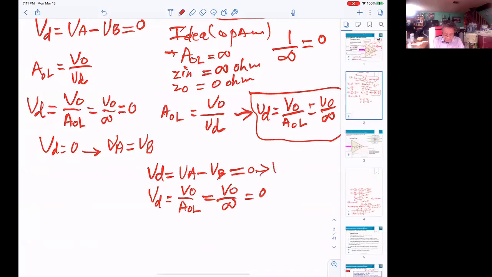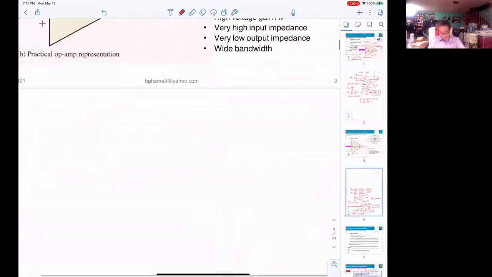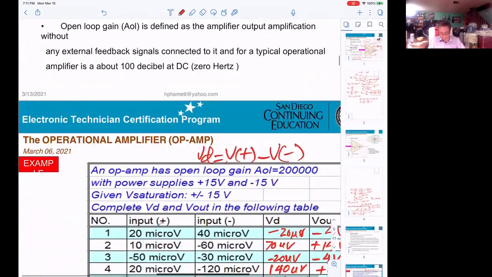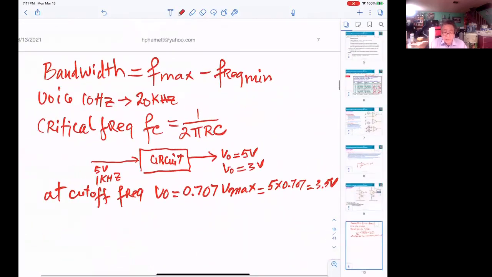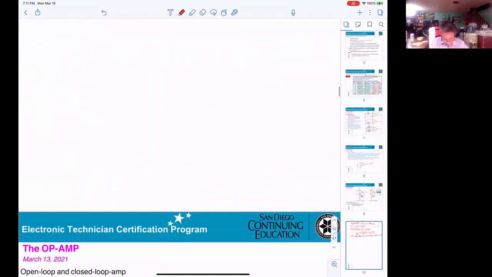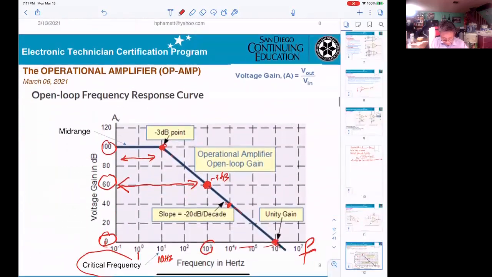So VA is all the time equal to VB. The only thing I want you to memorize is that the difference between the positive and negative inputs will be equal to 0. I'll try to get through that one.